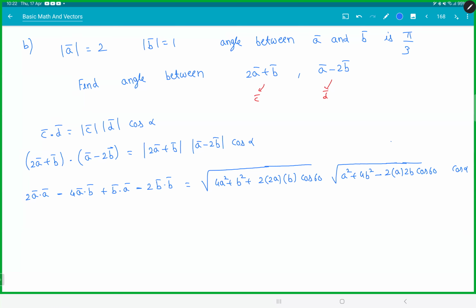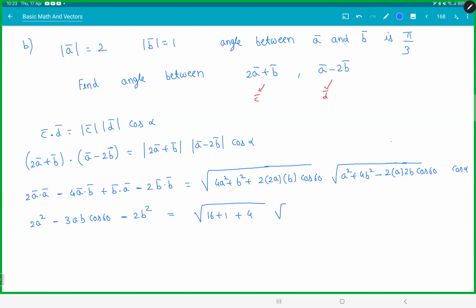A dot B is how much? So this is 2A square. I'll write it down. 2A square minus 3 A dot B, which is minus 3AB cos 60, minus 2B square. This guy on the right hand side will be how much? 4A square. That is 4. Calculations are bad. 16 plus 1 plus 2 to 4.